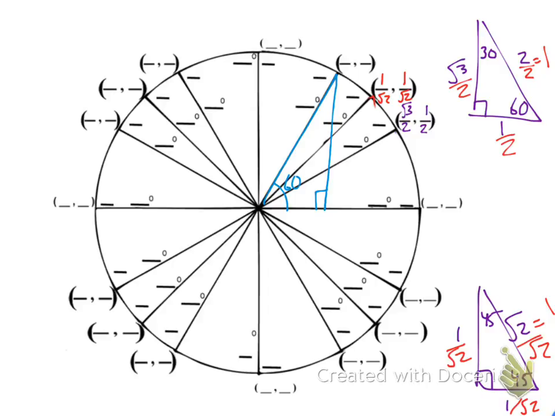And so opposite 60 is square root of 3 over 2. Opposite the 30 would be 1/2. And there's your 1. So what's the point? Going all the way over and up: 1/2, square root of 3 over 2.